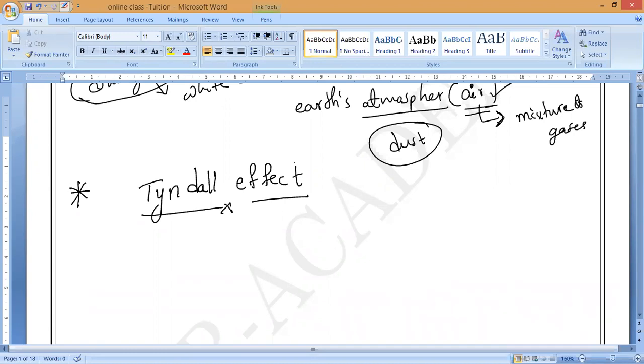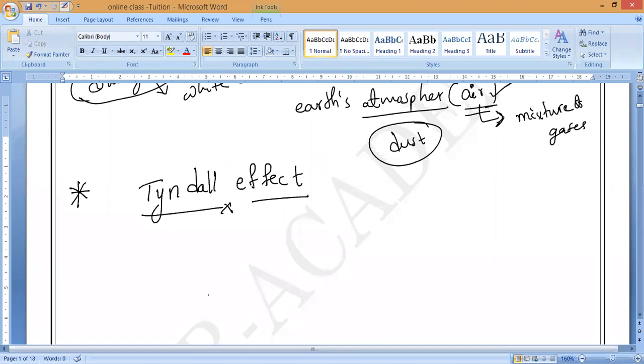What do you mean by the Tyndall effect, and what are examples of it in our daily life? If you observe very carefully, the Tyndall effect means the scattering of light by particles in its path.